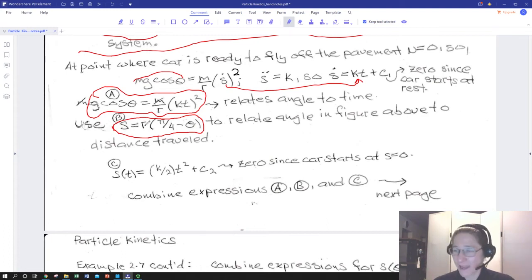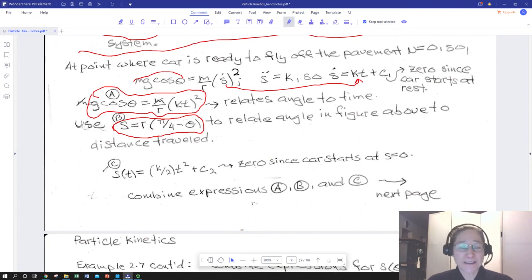So, length equals R theta. And in this case, our theta that we've traveled is that pi over 4 minus the theta they've defined as the angle reference to the vertical. So that is just a way to relate the angle in our figure to the distance traveled.